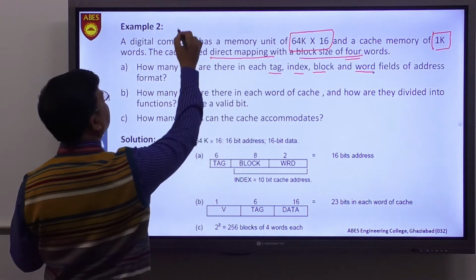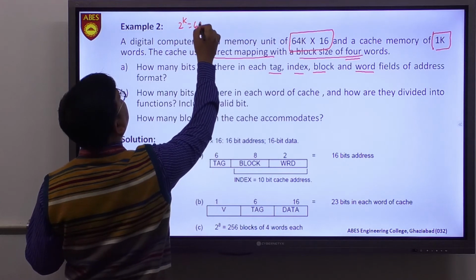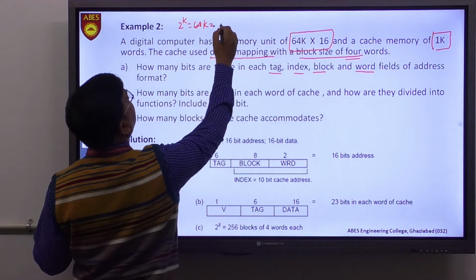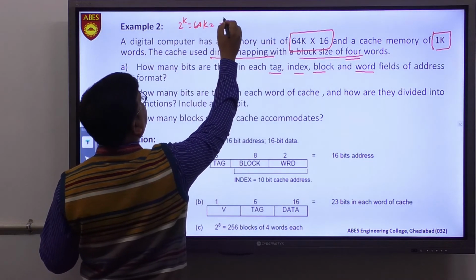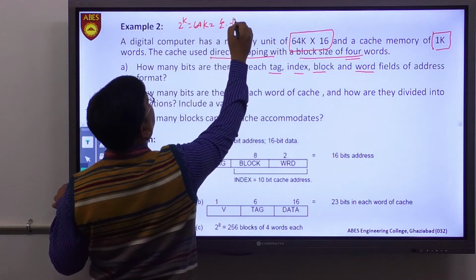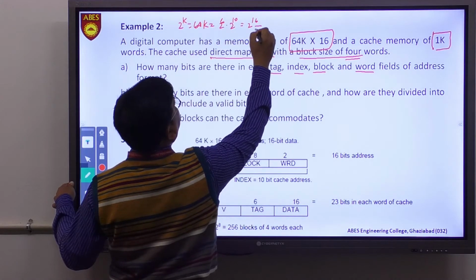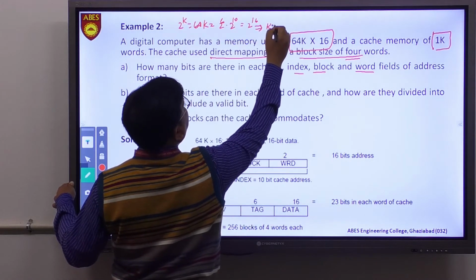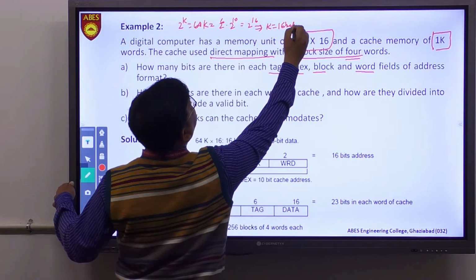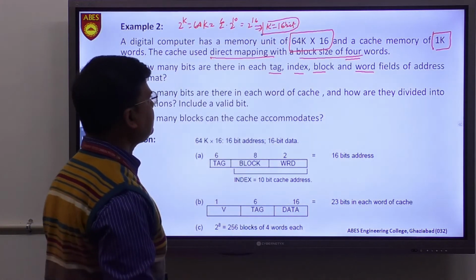It can be calculated like this: 2 to the power k equals 64K. 64 can be written as 2 to the power 6, and K is written as 2 to the power 10. It will form 2 to the power 16, which gives us k equal to 16 bits. So a 16-bit address is required to address the main memory.